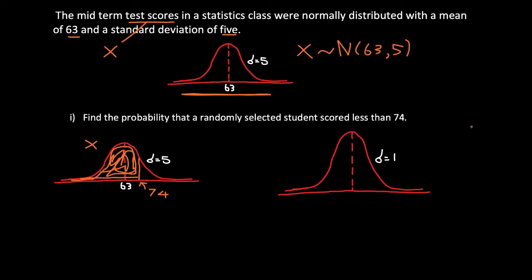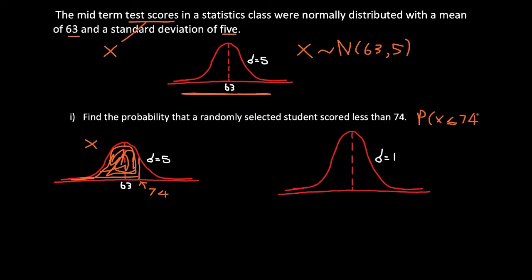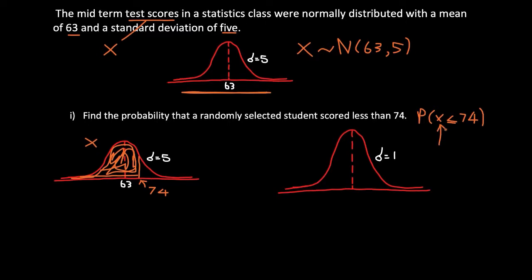Okay, let me write down this probability: scores x less than or equal to 74. So this is the probability they are asking. If we had z here, we could use the table directly. But now we have x.